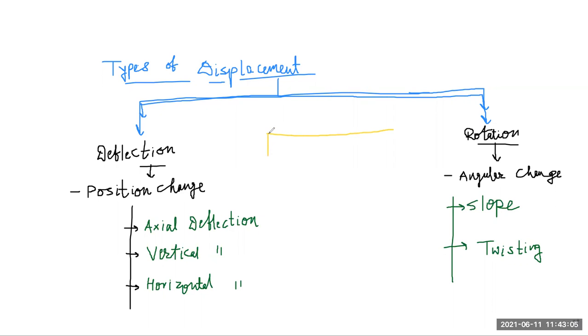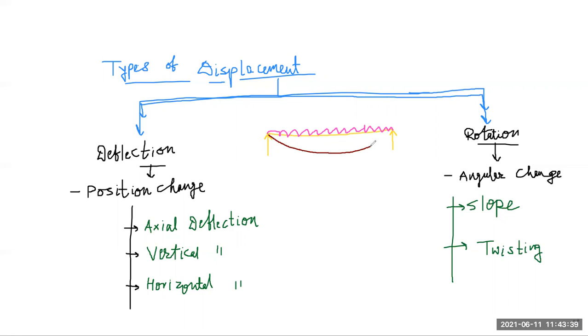Here you have one simply supported beam, and on this beam, if one UDL is running, due to this load your beam bends like this.